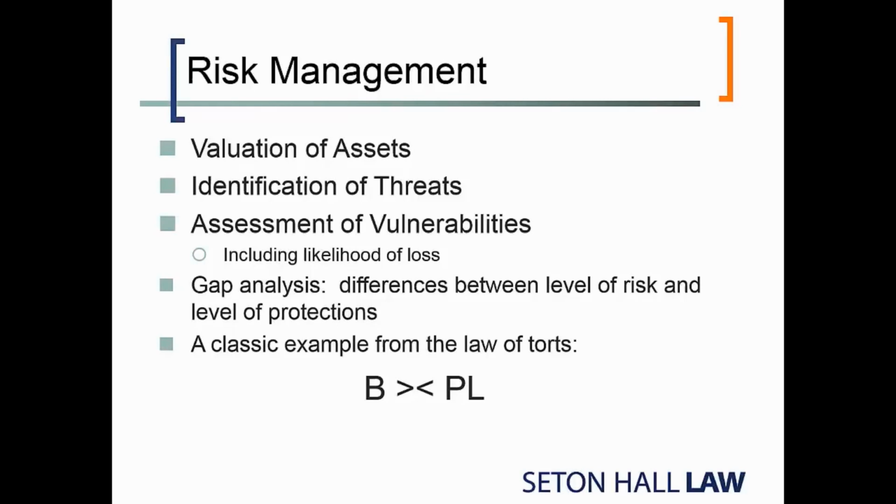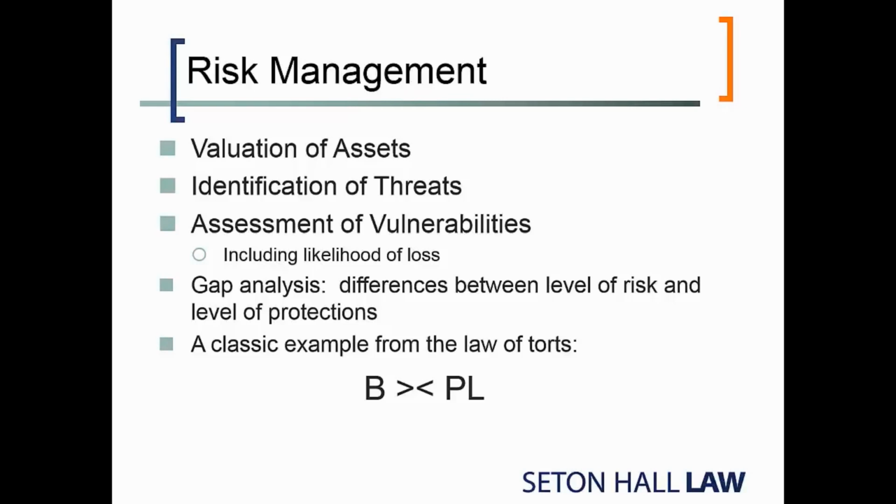So B, of course, is the burden of taking precautions. And on the other side, P is the probability of loss, and L is the scope of the loss. So you multiply the probability of loss times the scope of loss, and you decide whether that figure is greater or less than the burden of taking precautions.